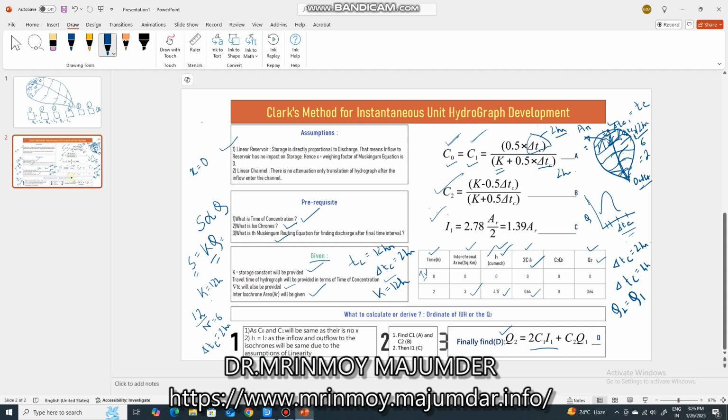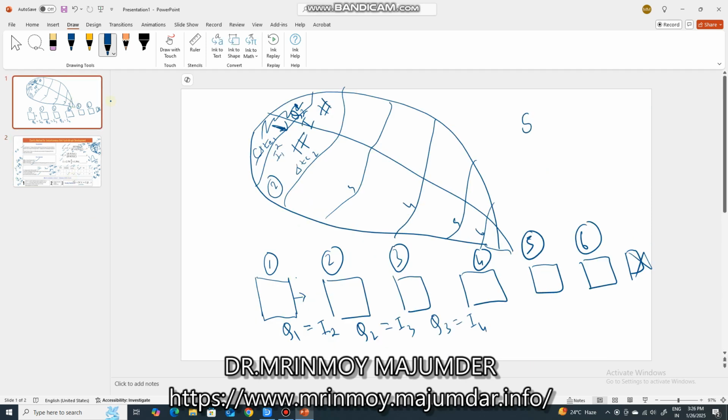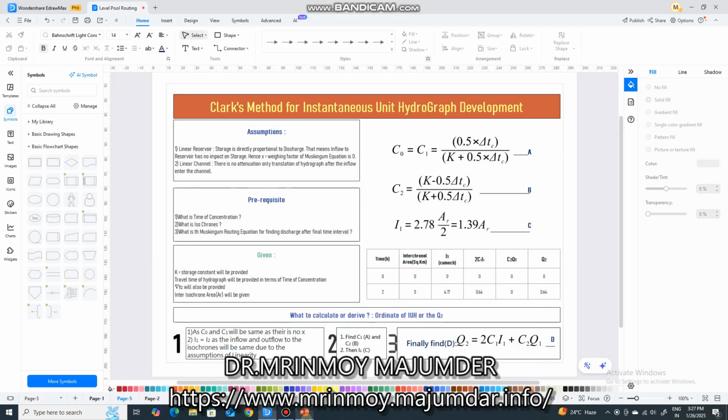So that generated unit hydrograph is, of course, synthetic, it is not real, it is artificial, but this is one of the most accurate ways to generate a synthetic unit hydrograph. So this is proposed by Clark. So this is Clark's instantaneous unit hydrograph generation method.